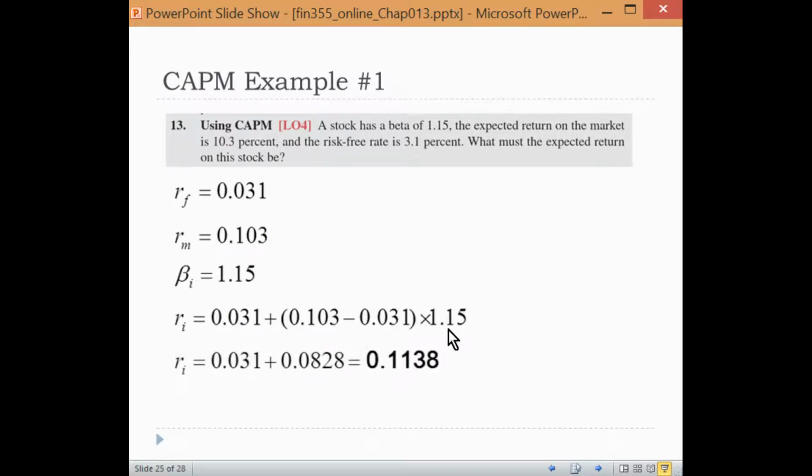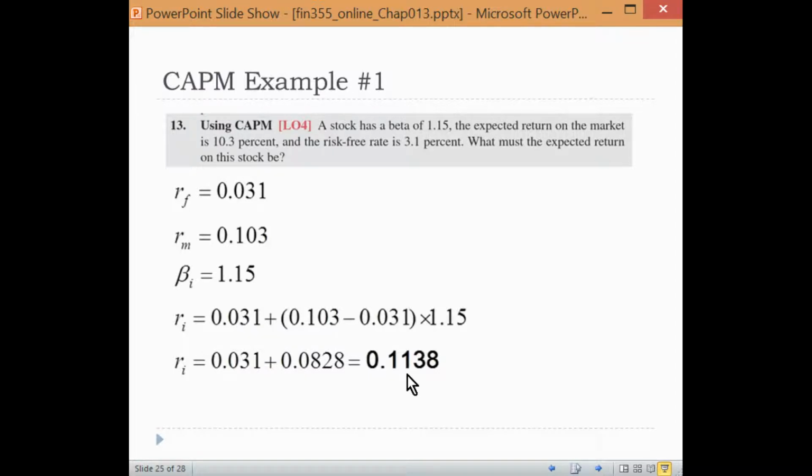The calculations here come out to this. In parentheses you would have the market risk premium, and when you multiply by the beta, you get 0.0828 added to 0.031. This stock should be returning about 11.38% to its investors.